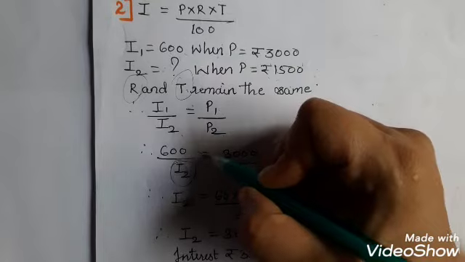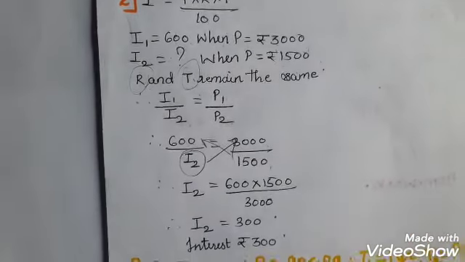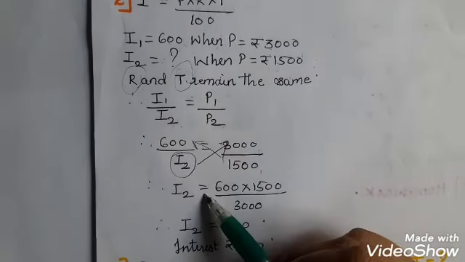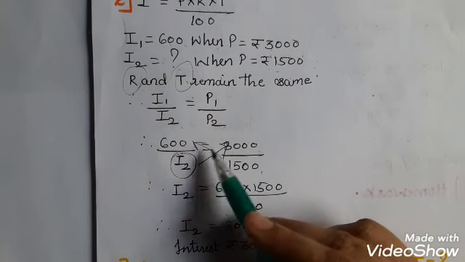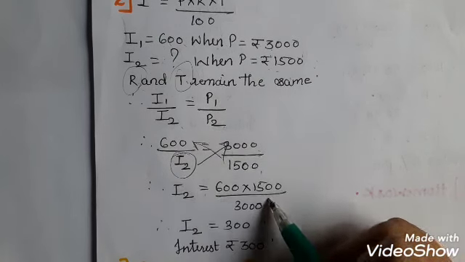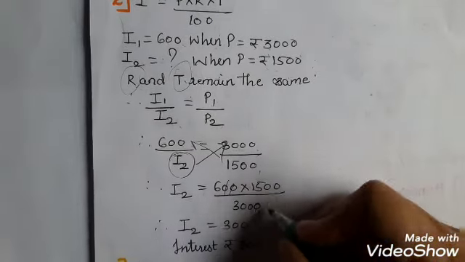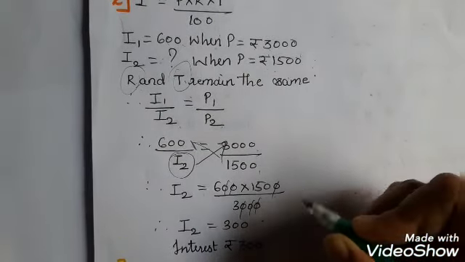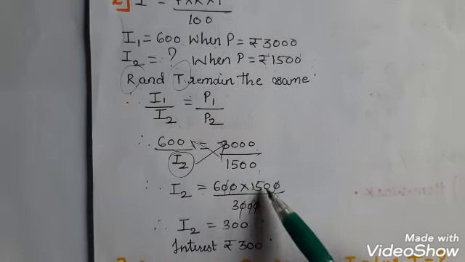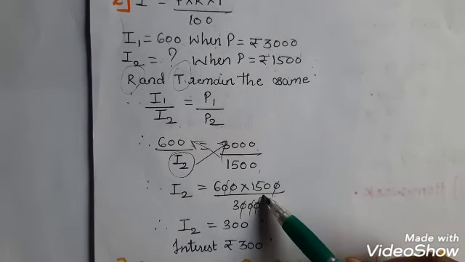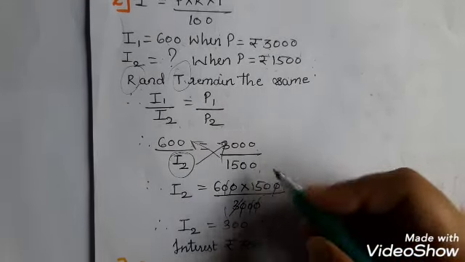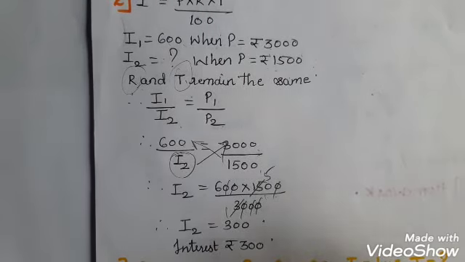So now you cross multiply. Okay. So that means I2 is equals to 1500 into 600 upon 3000. So 0, 0 gets cancelled. This 0 and this 0 also gets cancelled. So now, 3 ones are 3, 5s are 15.